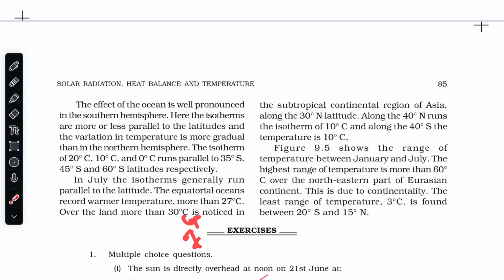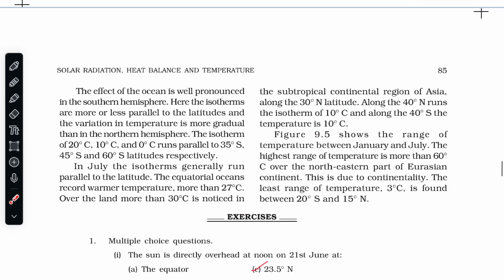So this basically is a feature of India. Then along 40 degrees north runs the isotherm of 10 degrees Celsius, and along 40 degrees south also 10 degrees Celsius. The highest range of temperature is more than 60 degrees Celsius over the northeastern part of the Eurasian continent.